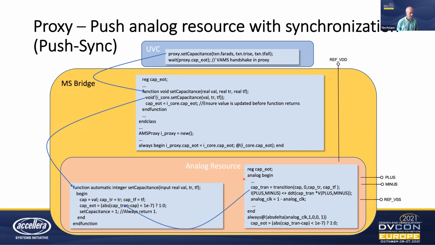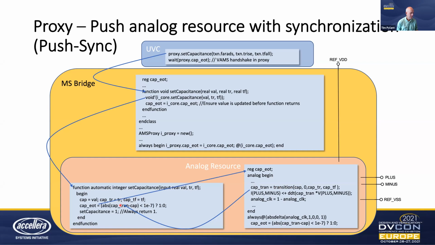So inside the analog block, we'll respond when we set those values. We have this transition occurring by taking the values of the rise fall. We have the transition going back to cap tran, and that will be read back over here in our set capacitance. So it's going to wait for the cap tran value to respond to the values that we set in the first statement.